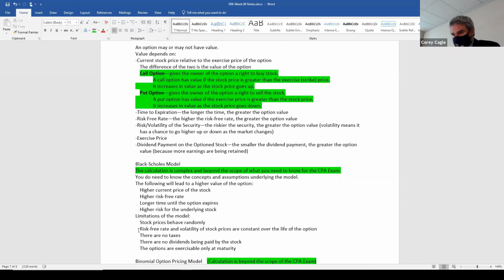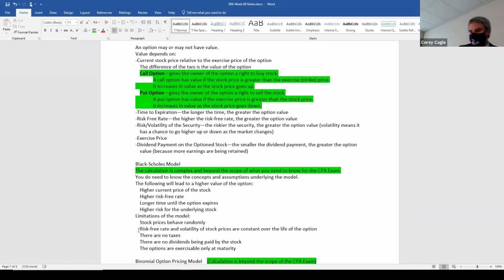Higher the risk-free rate, we already said that. So the higher the interest rate. Longer the time till it expires gives you more time for something good to happen. Higher risk gives you the chance for something crazy good to happen, right? And you know, risk means something crazy bad could happen too, but we're talking volatility. It may go way down. You just wait for it to go way up, right?